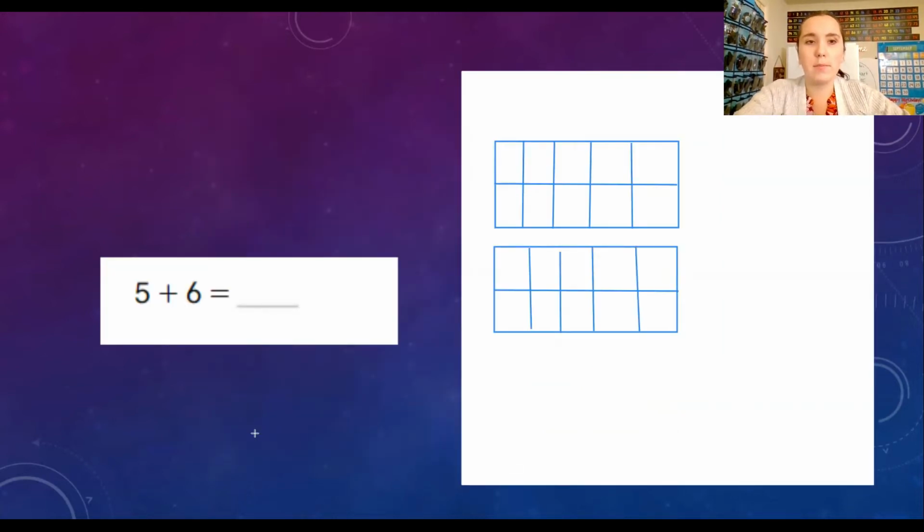And since our number of counters didn't change, that means that 9 plus 7 also equals 16. Okay, let's do this problem. We have the problem 5 plus 6. Let's make a 10 to help us add. So I have 10 frames right here. I'm going to put 5 on the top and 6 on the bottom, and we're going to make a 10. Okay, now that I have 5 plus 6, let's make a 10. So how many counters do I need to move to the top to fill it in? I need to move 5.